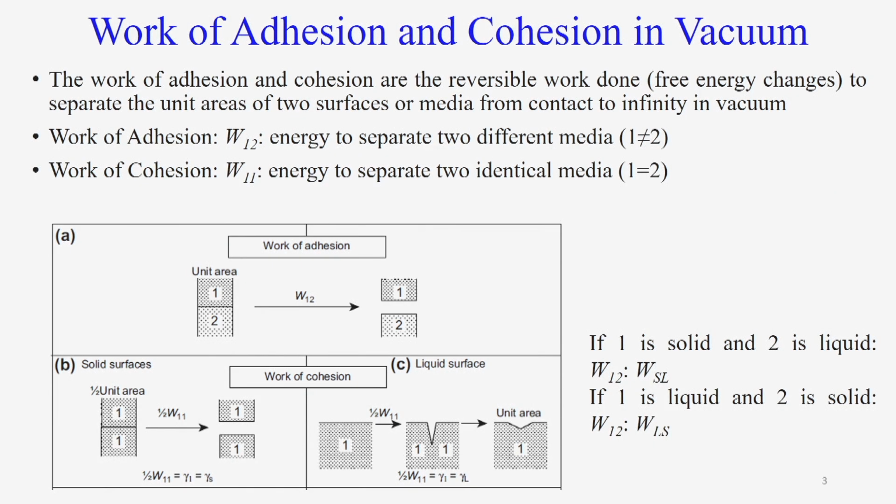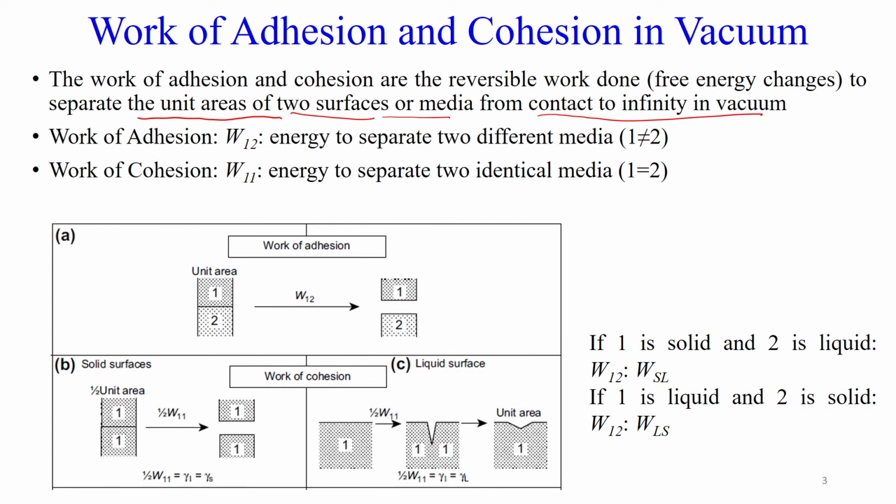The work of adhesion and cohesion are the reversible work done, or free energy changes, to separate the unit areas of two surfaces or media from contact to infinity in vacuum. So, the work done for the change in the unit area is the work of adhesion.